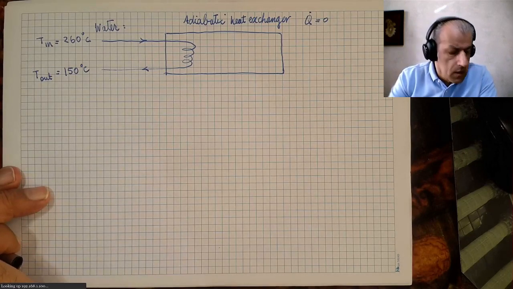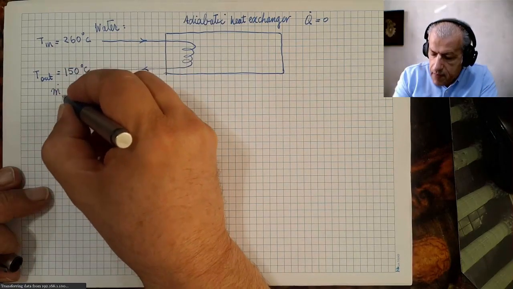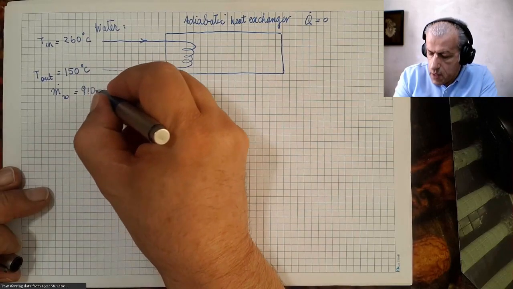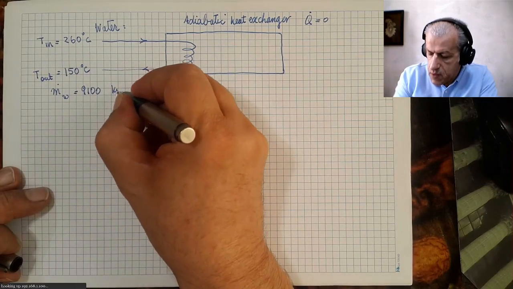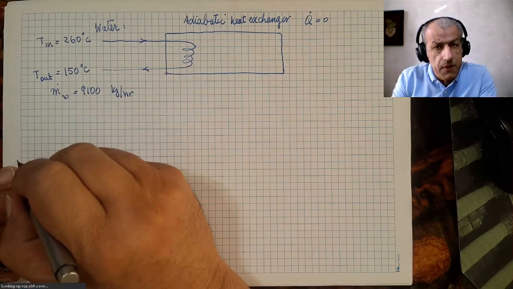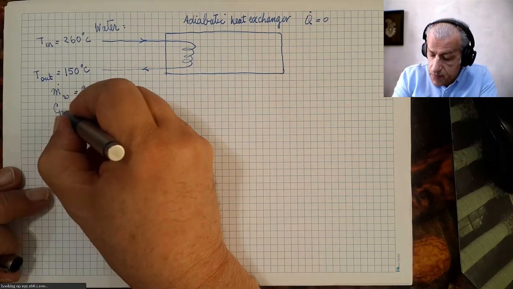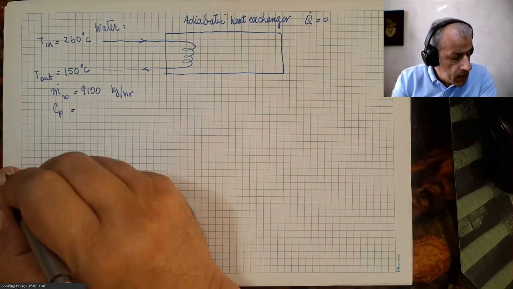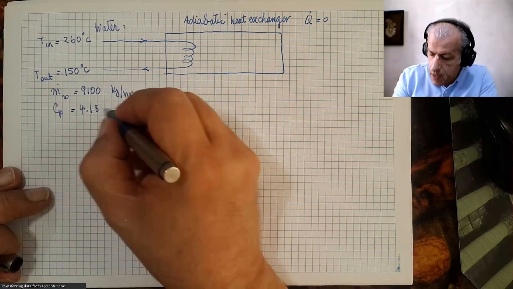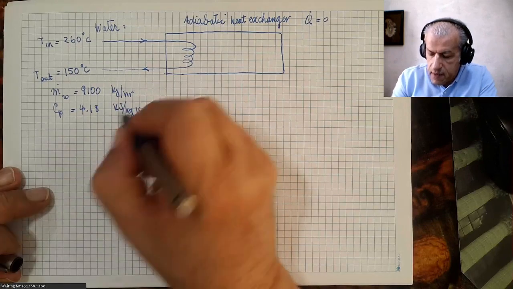We also know its mass flow rate. The mass flow rate for water is 9100 kilograms per hour, and its Cp, we are told, is 4.18 kilojoules per kilogram Kelvin.